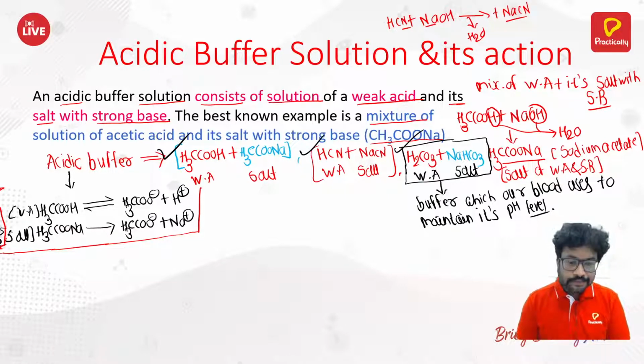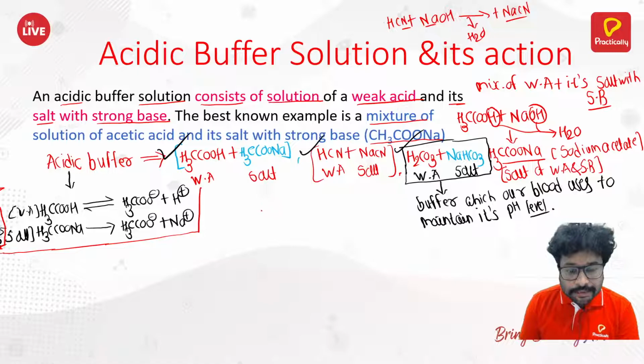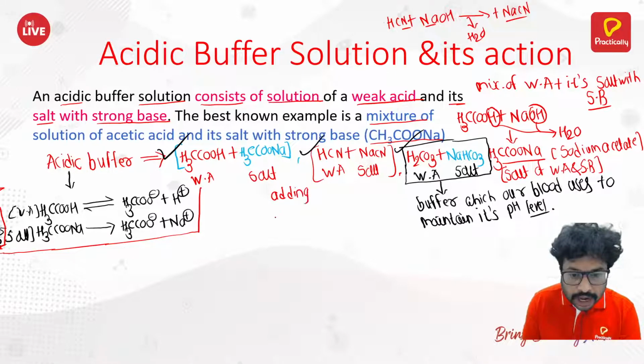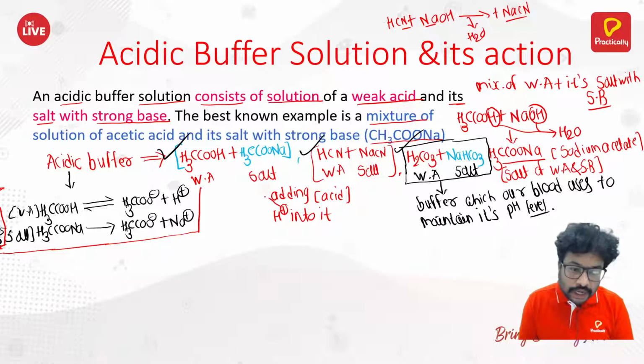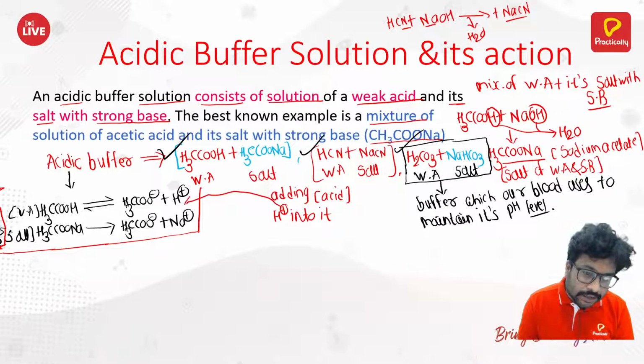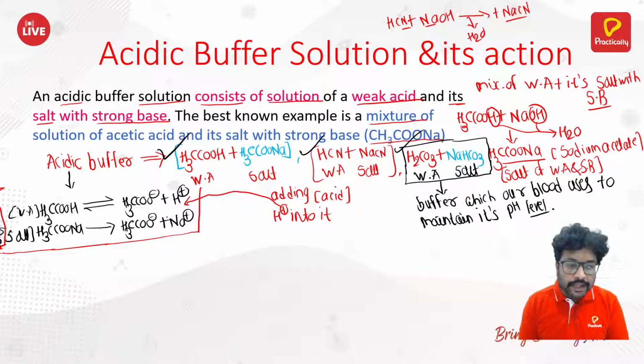Now firstly, suppose you are adding acid into it. Adding H plus ion means acid, right? As soon as you add H plus ion into this, what would it combine with?